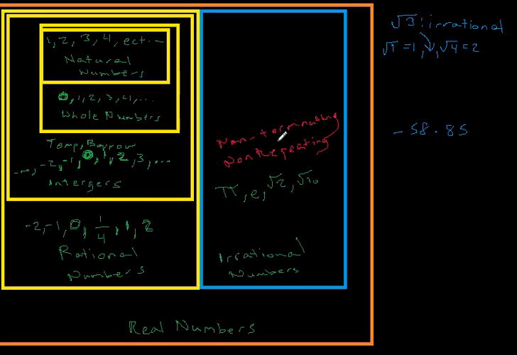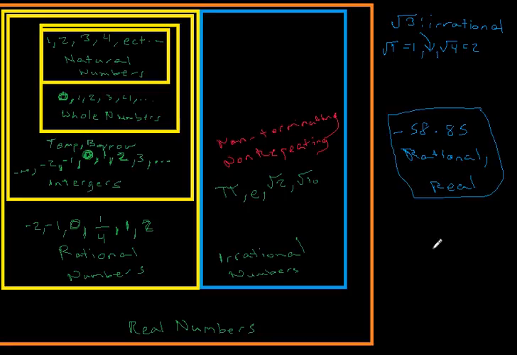So therefore, it's at least a rational number because fractions can create decimals. And since it's a rational number, it can also be a real number because a real number is included. It's not an irrational number because the decimal actually terminates. So negative 58.85 would be considered rational, or real.